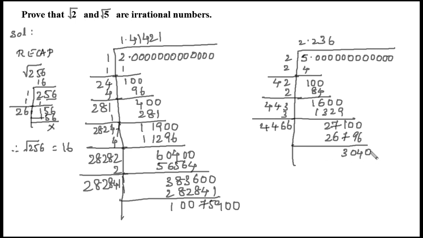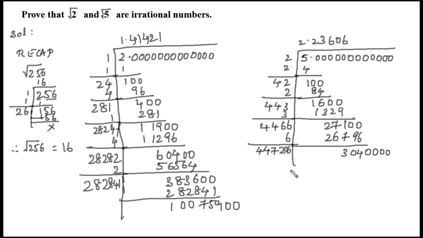Bring 2 zeros down. Now double this digit. So it will become 4472. If you observe this number, even if you consider 1 over here, this number is greater than this. So that's the reason I will consider 2 more zeros here. As I am considering 4 zeros, I will take a 0 over here, and here also I will take a 0. Next we will take 6, and here also it is 6.